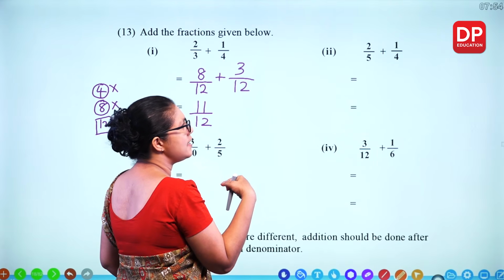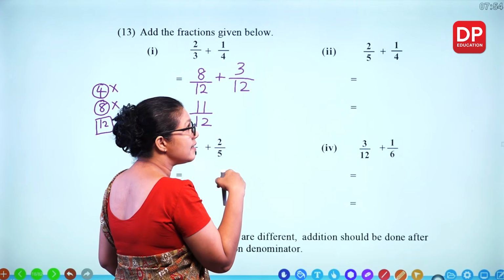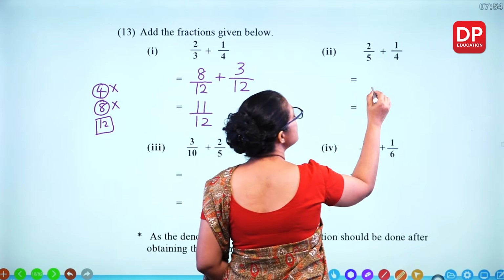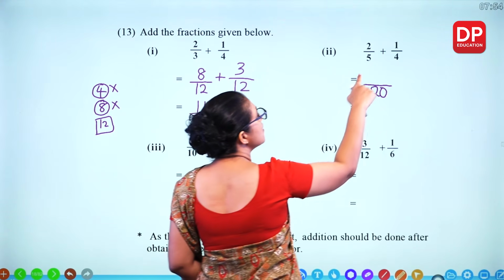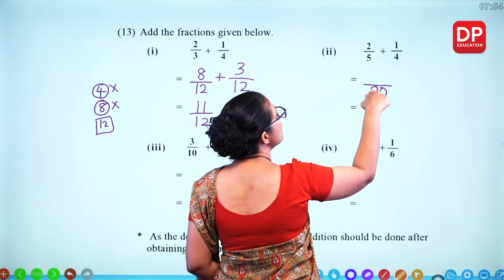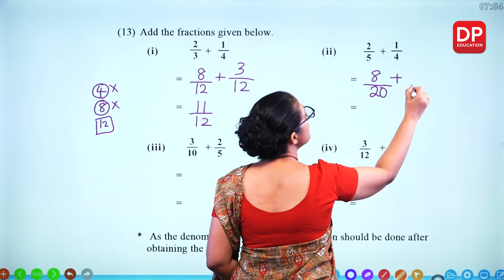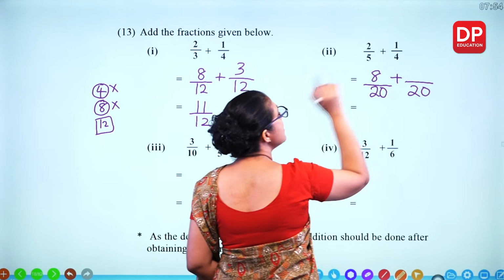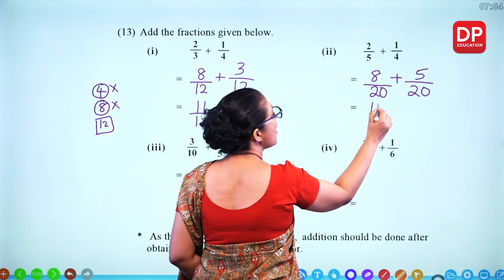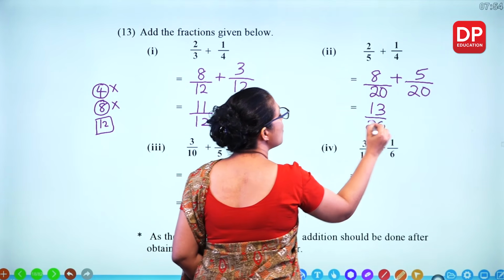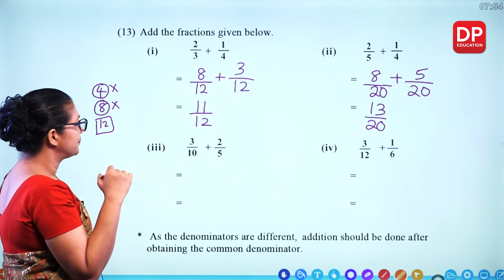Next one, 15. You can't take. The other one is 20. 20 is the lowest common multiple. 4 times 5, 20. 4 times 2, 8. Here, convert to 20. This is 5 times 4. 5 times 1, 5. 8 plus 5, 13 over 20.